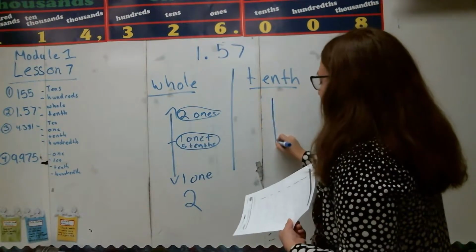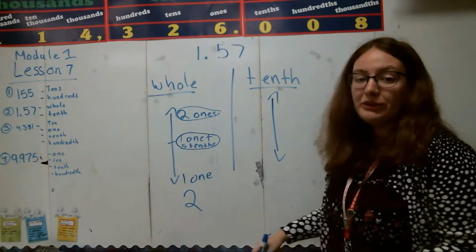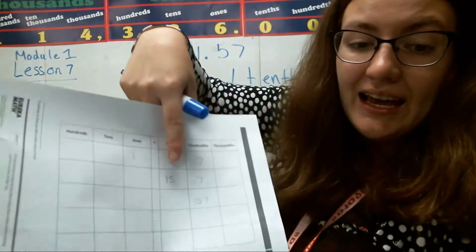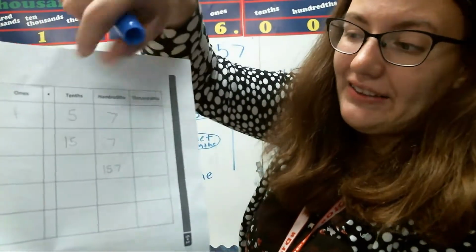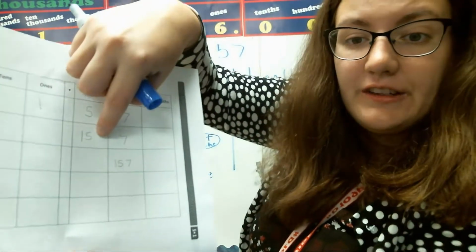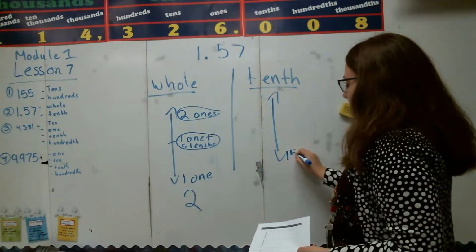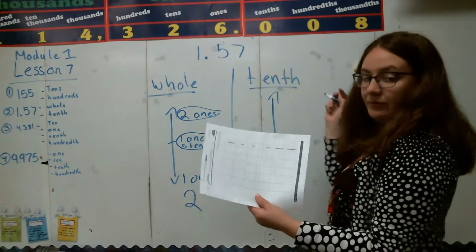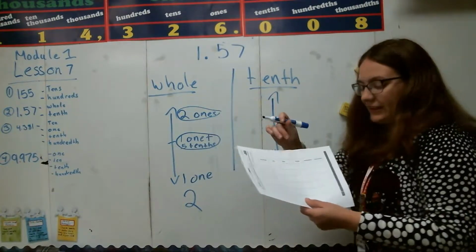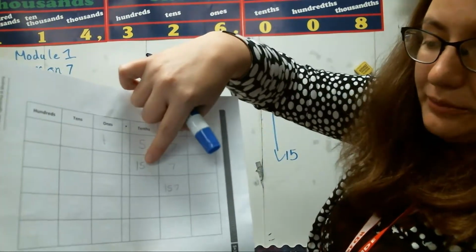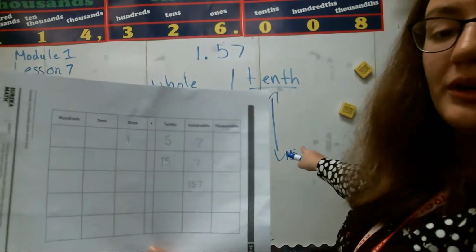So again, I'm going to draw that vertical number line, and you should be doing this in your notes. And I look at my tenths place, and I see that my decomposed tenths place has this number 15 right here. So I'm going to write this number 15 that I see in that place value, and I'm going to write the units right up above it. So if I have 15 tenths right here, I have the number 15, so that's the numeral I just wrote.